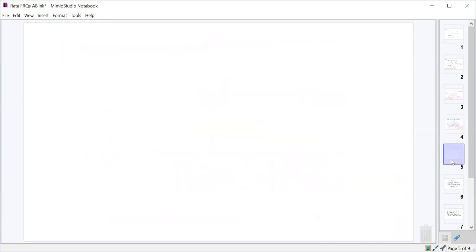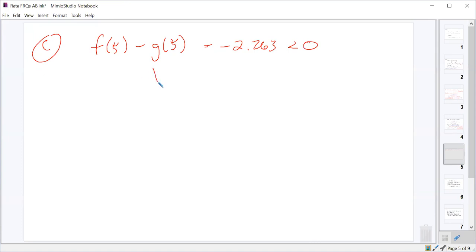So part C is f of 5 minus g of 5 greater than or less than 0. Well, f of 5 minus g of 5 came out to be negative 2.263, which is less than 0, which tells us that the number of bananas on the table is decreasing at t equals 5.